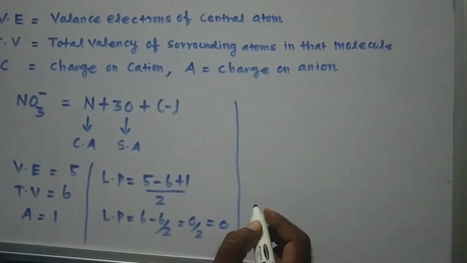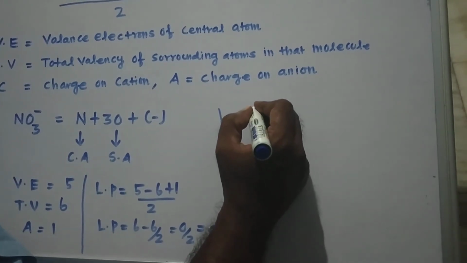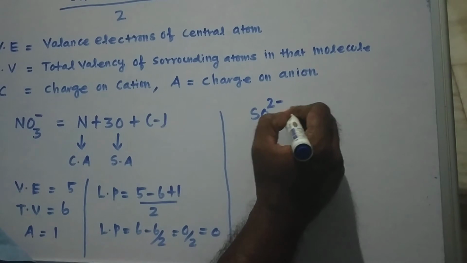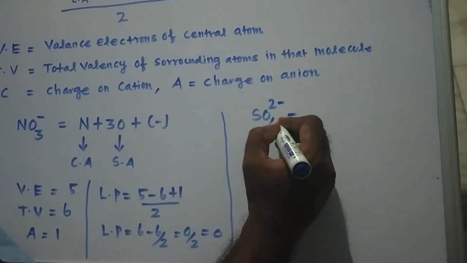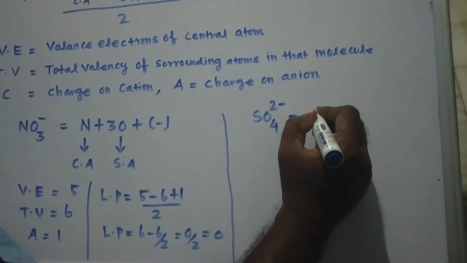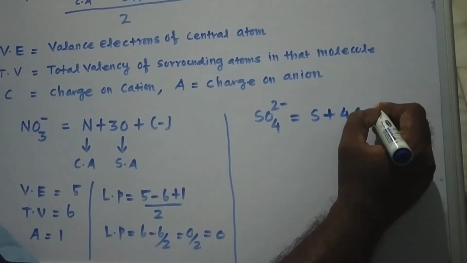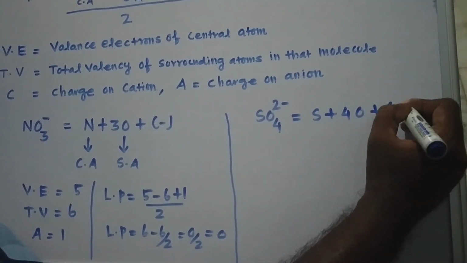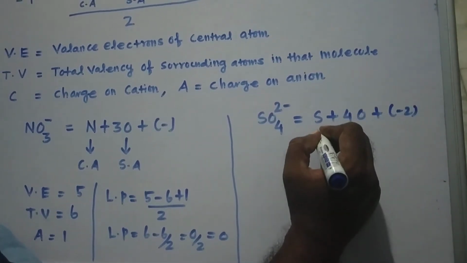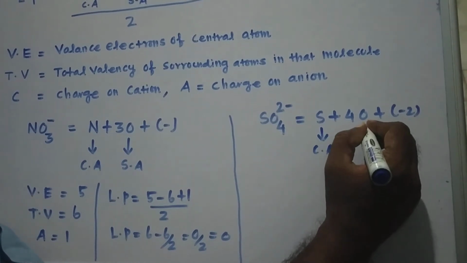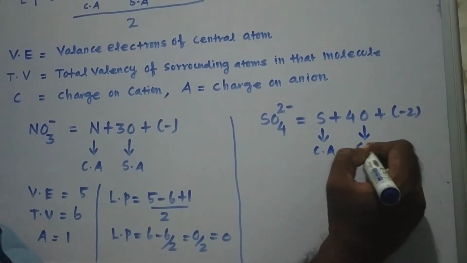Okay, then we are going to consider another anion, SO4 2 minus. Okay, this ion can be split up into 1 sulfur plus 4 oxygen plus minus 2. Okay, sulfur acts as a central atom and also oxygen acts as a surrounding atom.